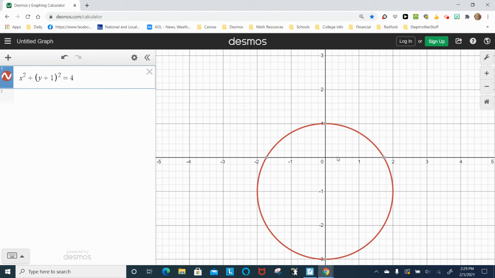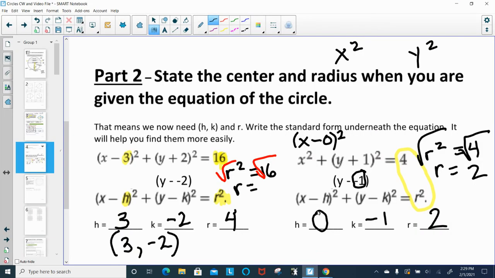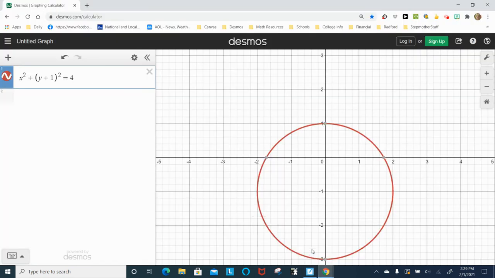Okay, so we think that our center point is 0, negative 1. Let's go take a look. And we think that our radius is 2. So if we start at the origin, 0 in the x direction, negative 1 in the y direction, that is the center of the circle. You can very easily see that's right in the middle. And how big is my radius?